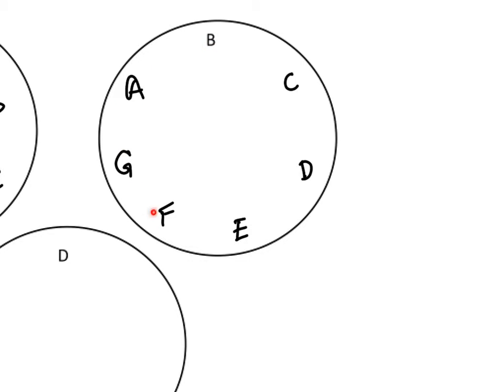If we were to go down in pitch or descend, we would go B, A, G, F, E, D, C, B, only we would return to the same letter name, but we would have dropped 1 octave in pitch or sound.